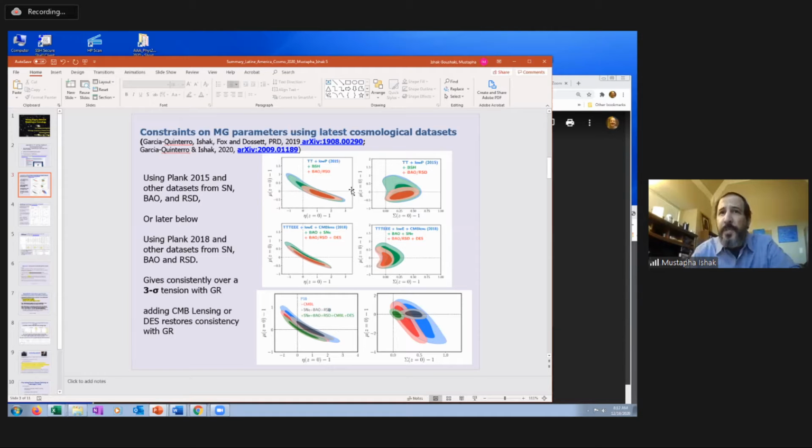If we put in lensing data like CMB lensing or DES data, this tension goes away. This tendency continued with the 2018 data.